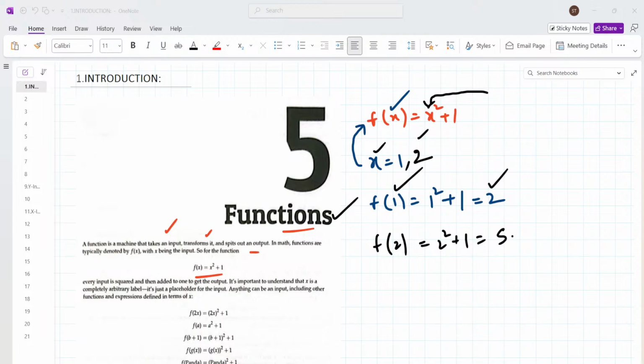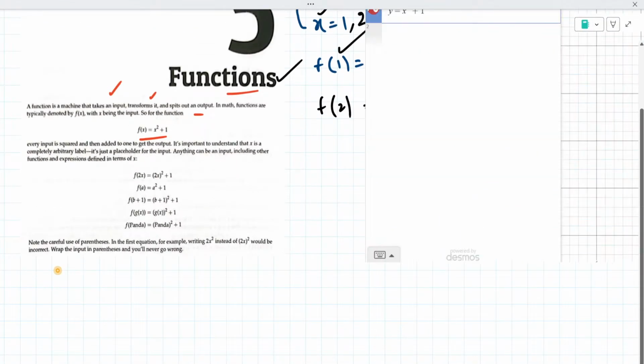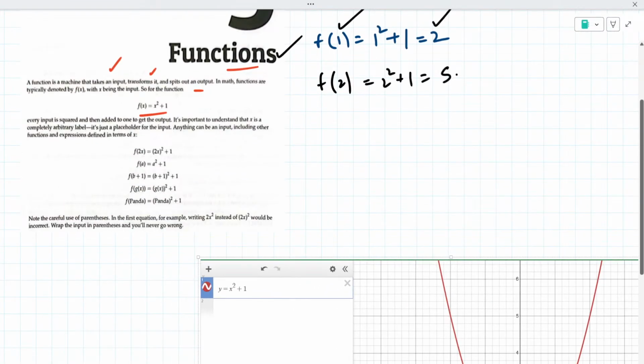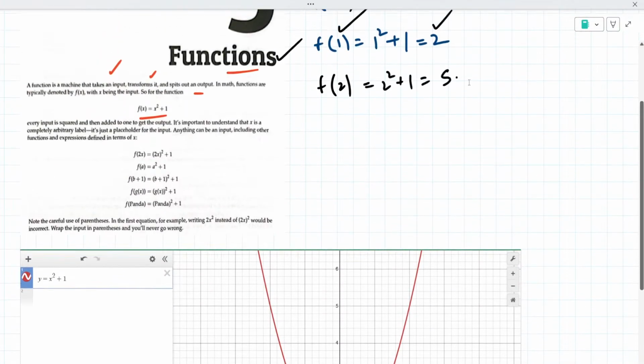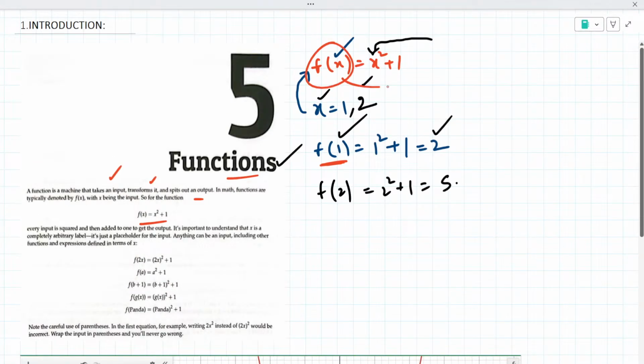Hope you are able to understand what I'm trying to teach. Here you need to understand that f of x is nothing but y. f of x is nothing but y only.